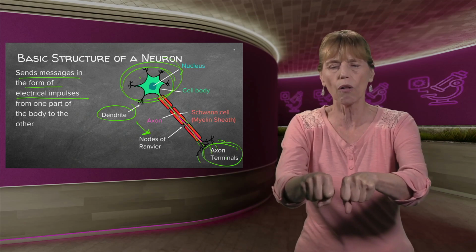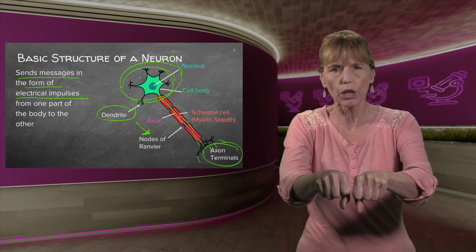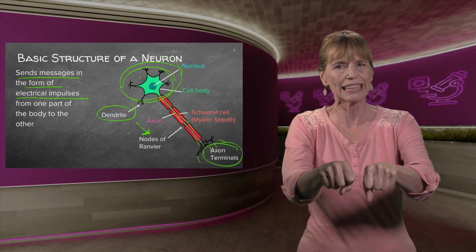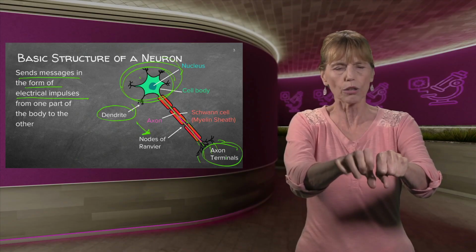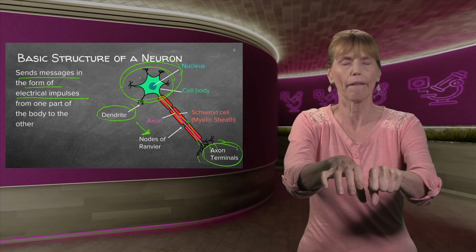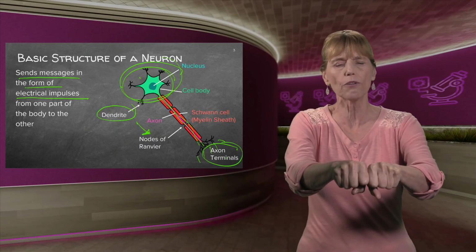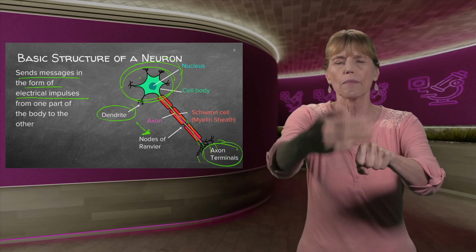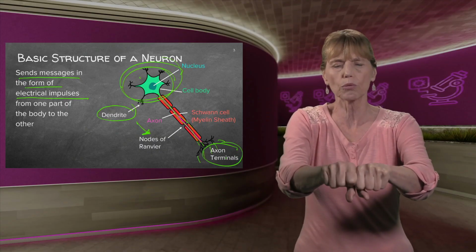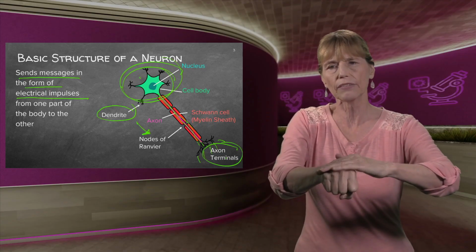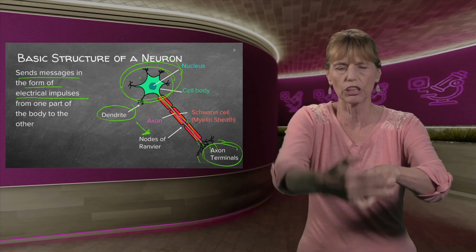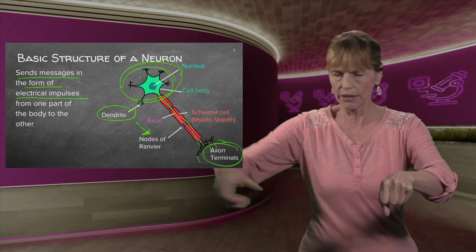And this bread roll effectively is called your Schwann cells. These are Schwann cells, probably Mr. Schwann that found them. And how it actually works and the reason for them, they have outside the bread roll, outside the Schwann cell, they actually have something called a myelin sheath, which covers them on the outside.